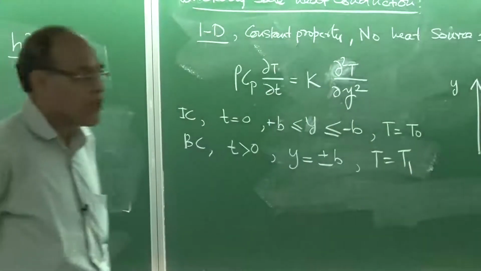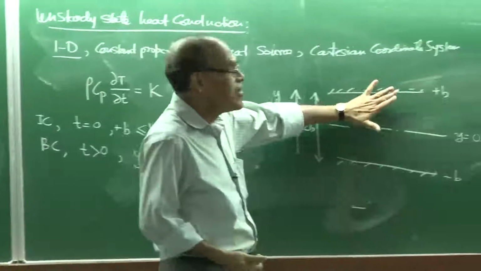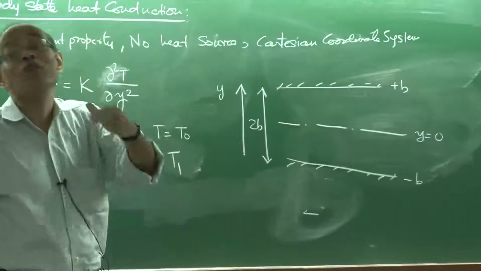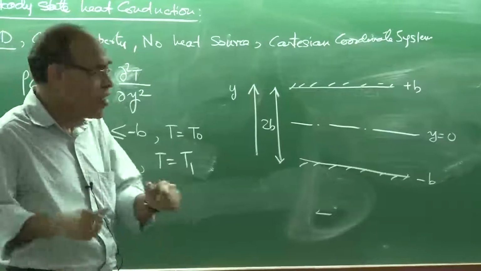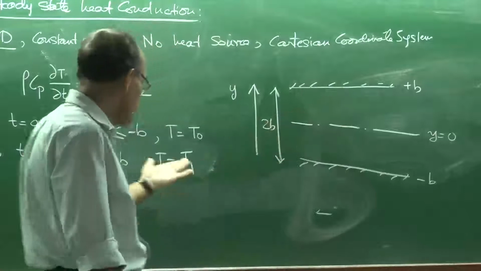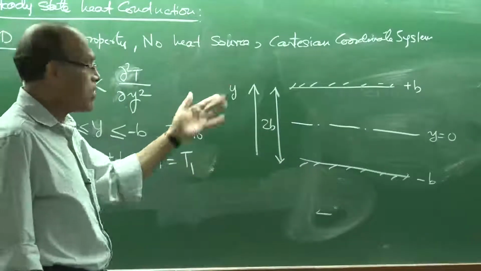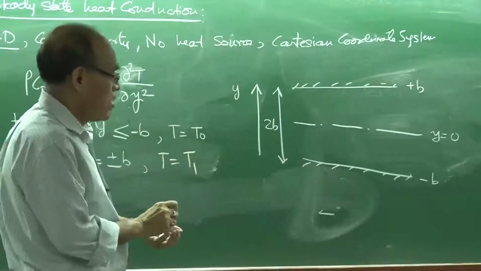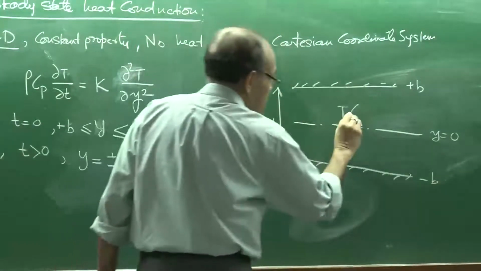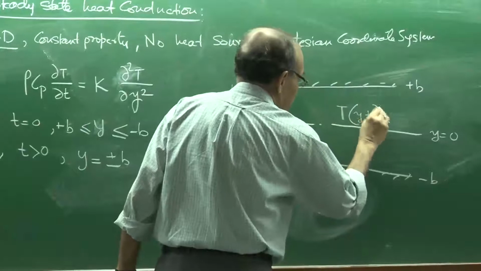That is the problem. So, that means this slab is initially at a temperature of T0, you can assume it is at 25 degrees centigrade. All of a sudden, both these surfaces have been increased to T1 temperature and I want to now find out how the temperature within this domain changes as a function of y. That is the task.